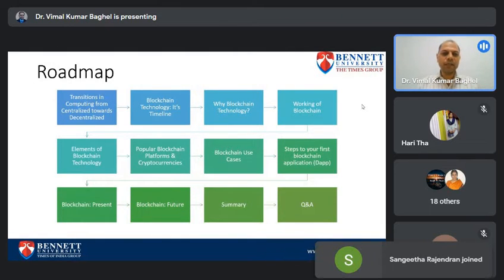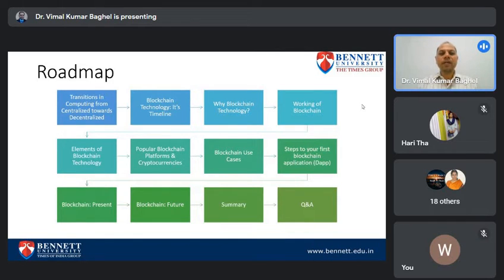We'll begin with the transitions in computing, starting from the mainframe days and then centralized PC days, and now we are inching towards decentralized platforms.